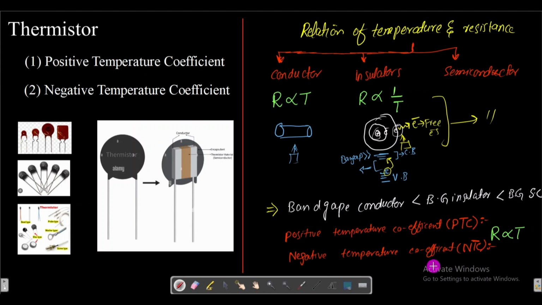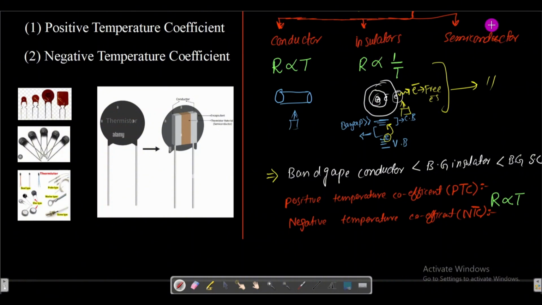So the negative temperature coefficient is the case of the insulator and semiconductor, in which the resistance is inversely proportional to T. By increasing the temperature, their resistance will decrease. So in this case, R is inversely proportional to T.